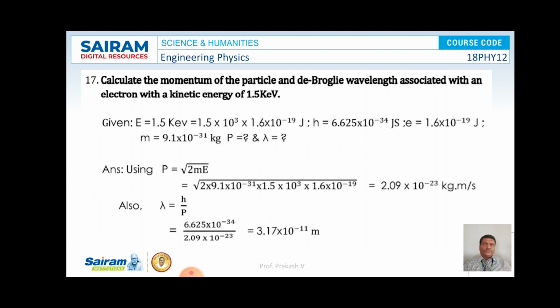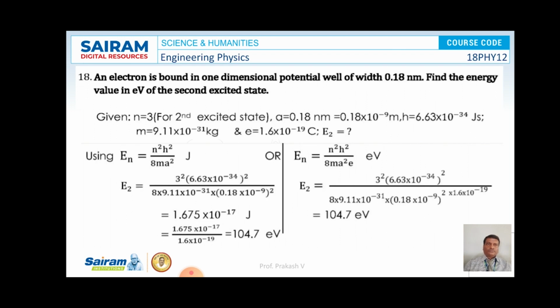So substitute the value of h and p here, that is 6.625 into 10 to the power minus 34 divided by 2.09 into 10 to the power minus 23. On simplification, the value of lambda is equal to 3.17 into 10 to the power minus 11 meter. This is the solution for this problem.